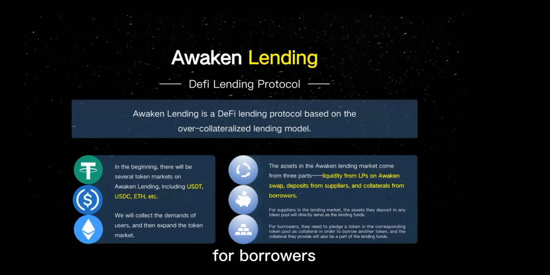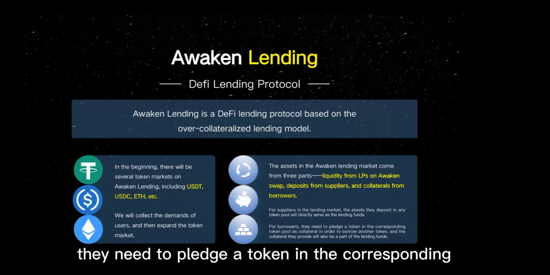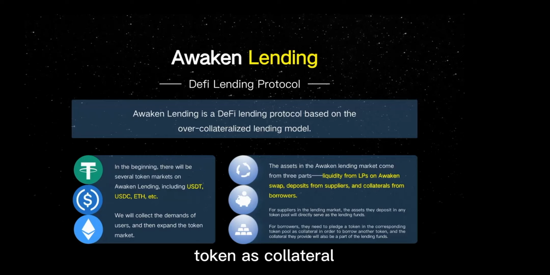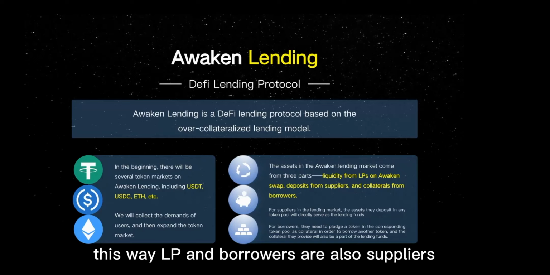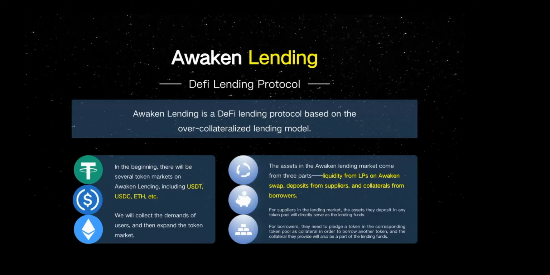For borrowers, they need to pledge a token in the corresponding token pool as collateral in order to borrow another token, and the collateral they provide will also be a part of the lending funds. In this way, LPs and borrowers are also suppliers.